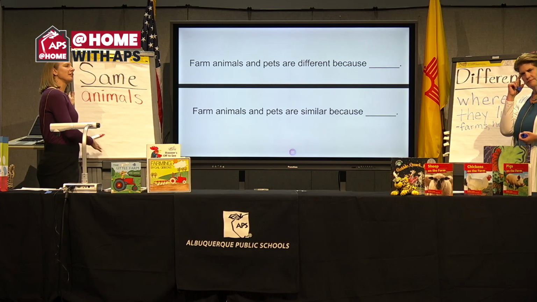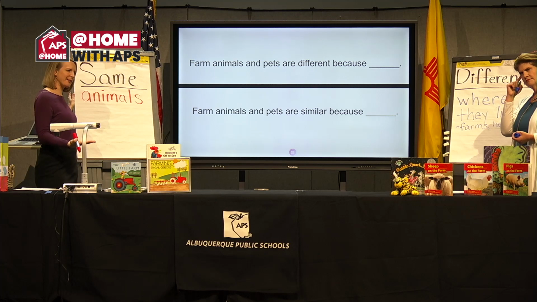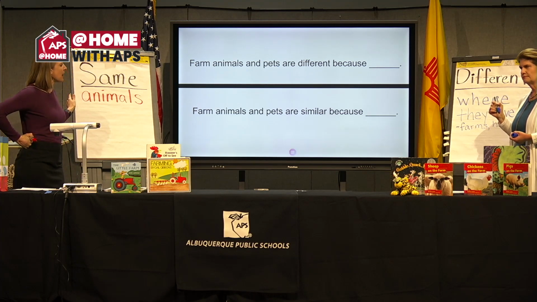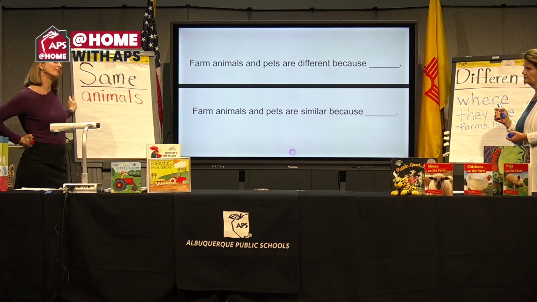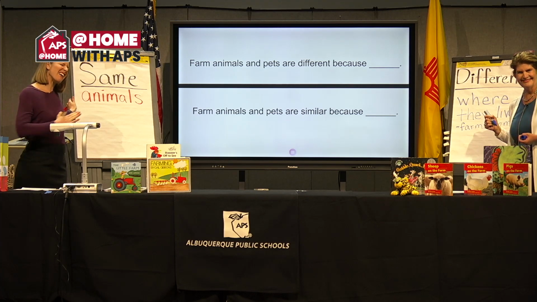I can definitely tell how they might be different in where they live. Well, and let's think of another thing that's similar between farm animals and pets. Farm animals and pets are similar because, are you able to think of a reason on how they are similar?